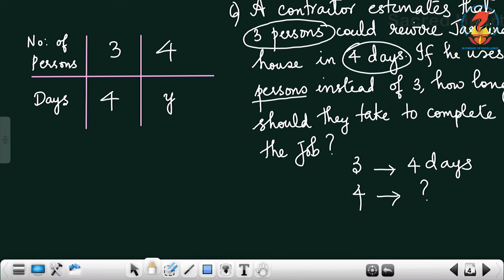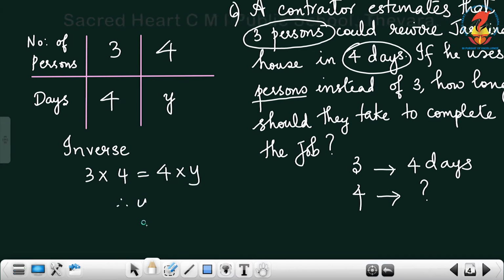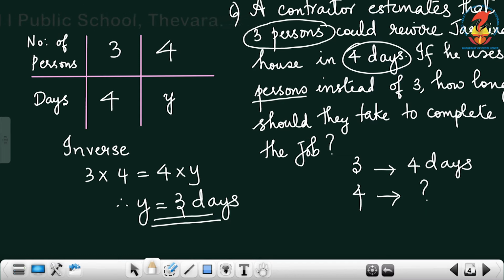As one quantity increases, the other quantity decreases. So, it is an inverse proportion. 3 into 4 is equal to 4 into y. Therefore, y equals 12 by 4, which is 3 days. So, if there are 4 people to work, then within 3 days the work can be completed.